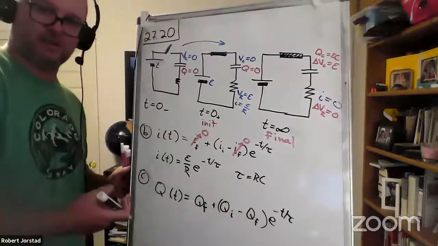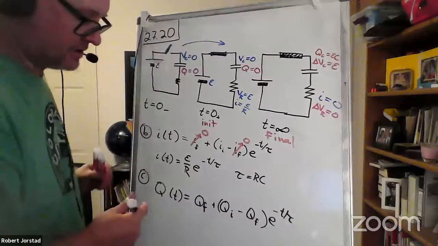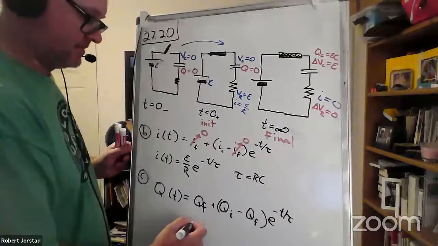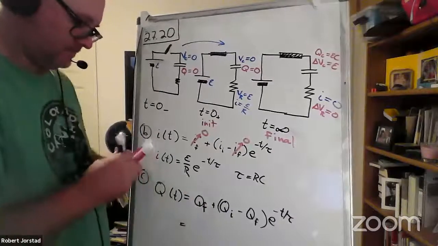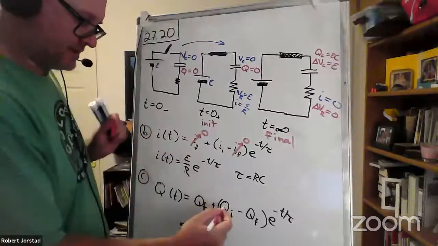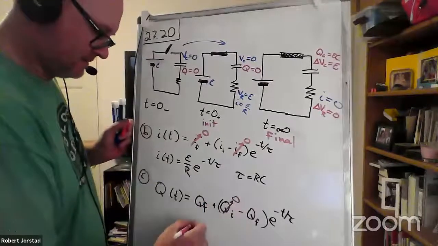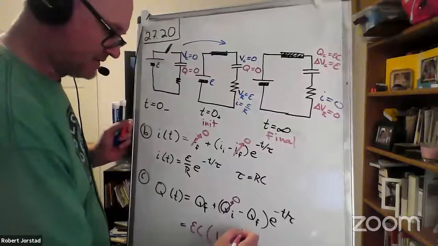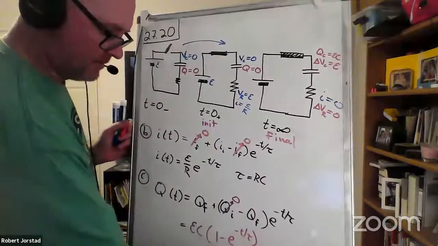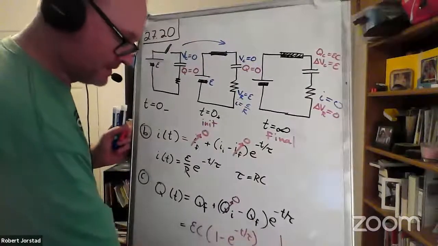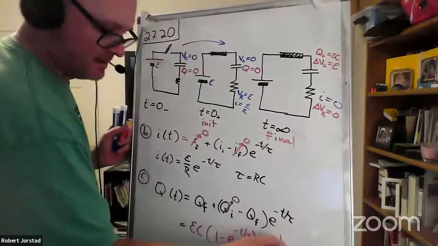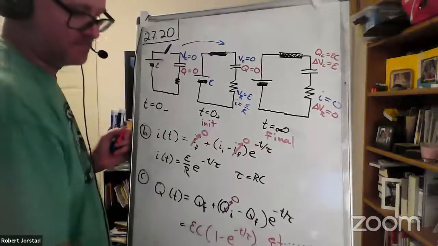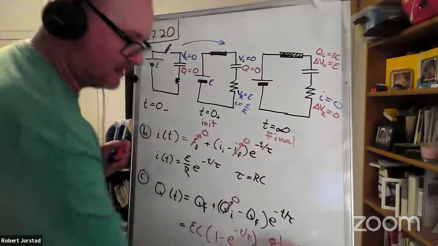Remember, this equation is written on the back of your workbook on the equation sheet. So here we go. It's going to be EC, and this term goes to 0. Factoring out, you get EC times 1 minus e to the negative t over tau. And the plot is going to be an asymptotic rise. The upper limit is going to be EC. So that would be time and charge.